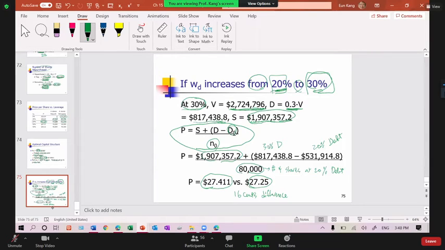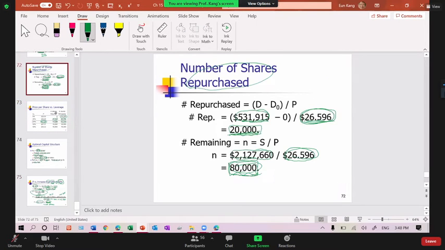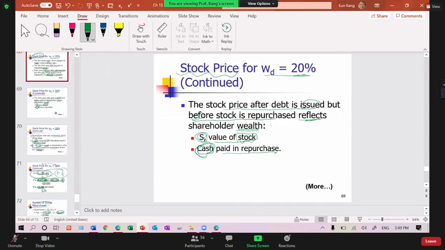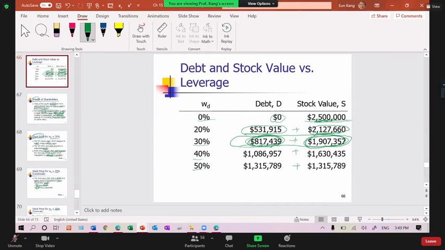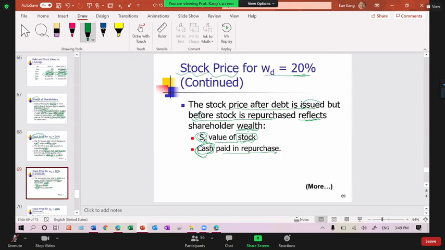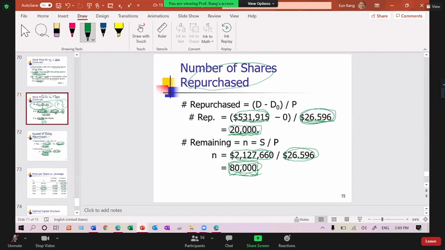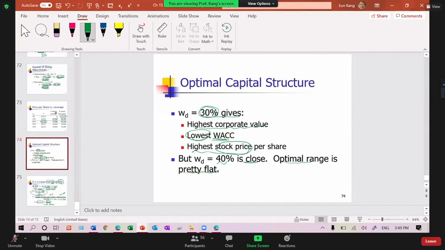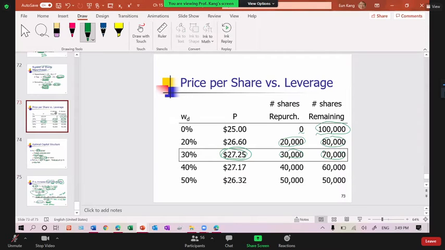you have to buy stocks at this price, 27.25, right? But if you start from 0 to 20, you are able to buy, what is it? The stock price, yeah, this one, 26.60, here you go.